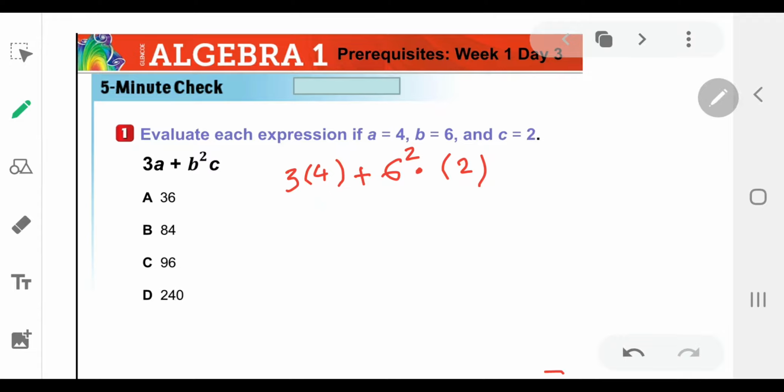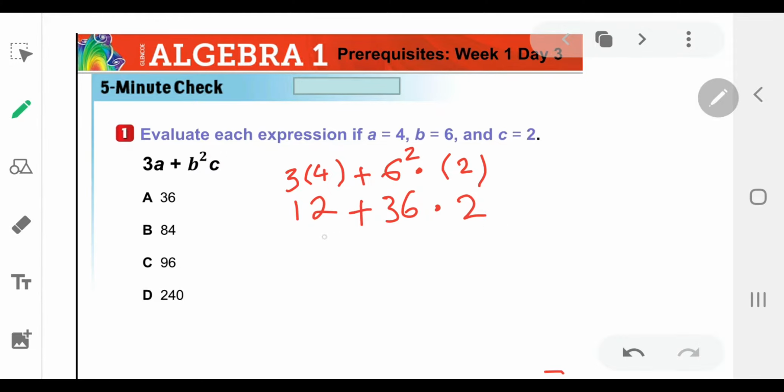Now I'm using the order of operations. I have multiplication and exponents. 3 times 4 is 12 plus 6 squared, which is 36, times 2. So I did the exponent first, and then I had 3 times 4, it's 12.